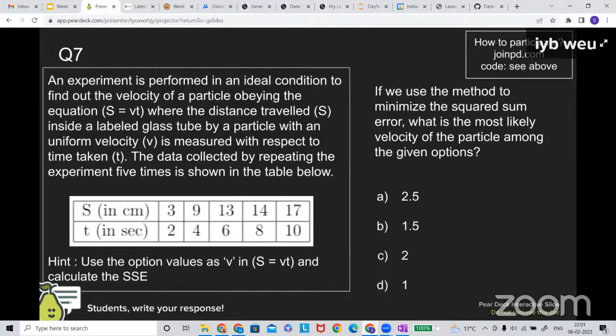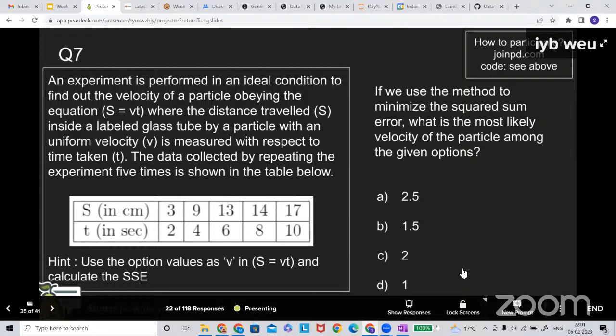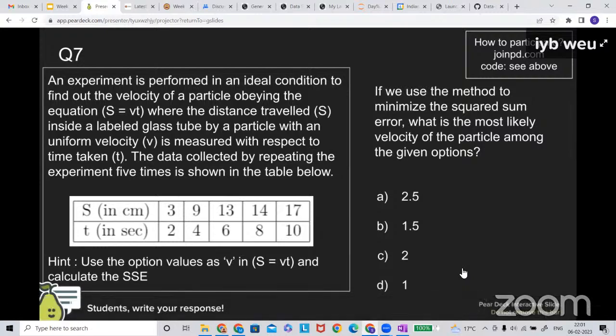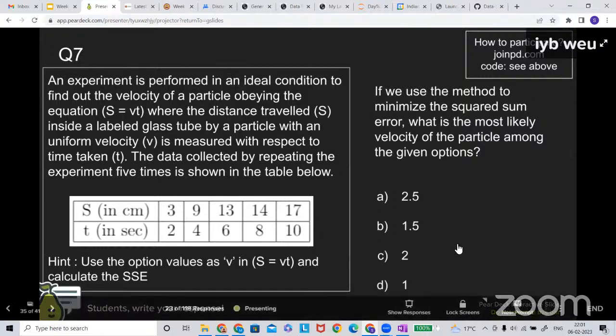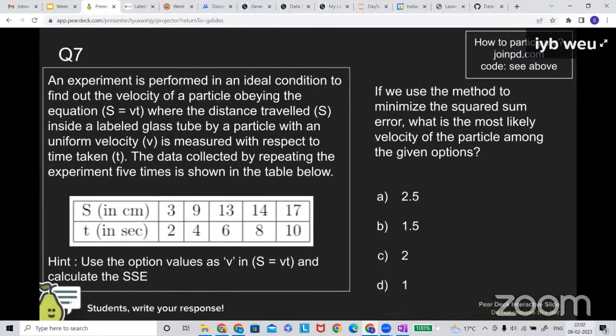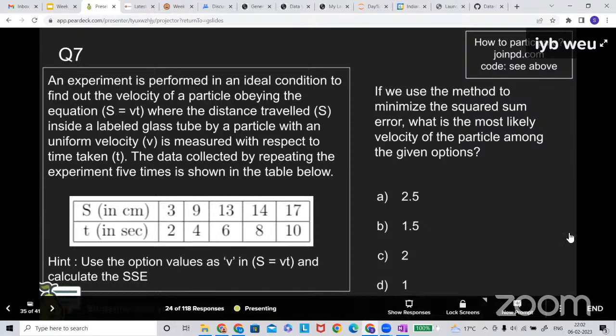Please solve, everyone, and post your answer in the portal. Let's wait 2-3 minutes, at least 4 minutes. At 10:05 we will start discussing the solution. This is going to be the last question, and then we'll end the session.